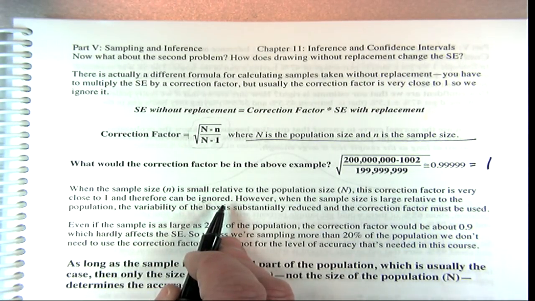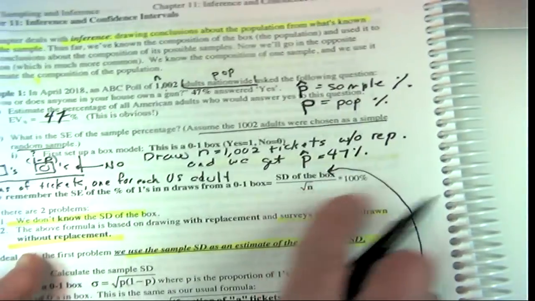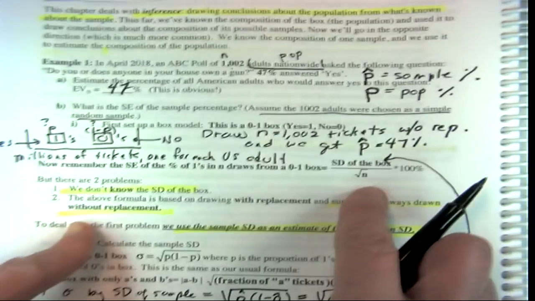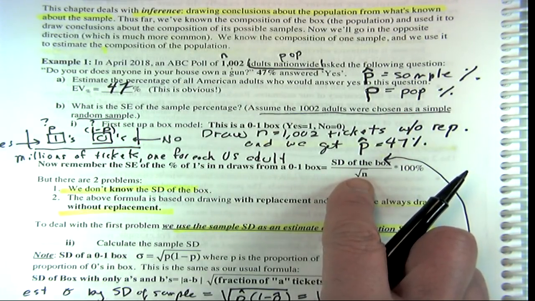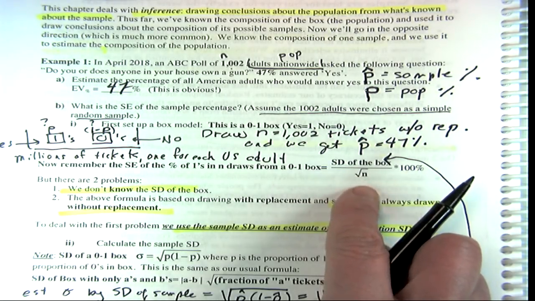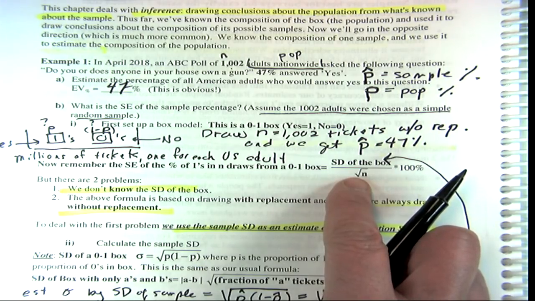Let's look at this. Here's our formula here. There's no big N in this formula because this assumed that we were replacing the tickets. So it didn't matter how big our population was. Now that we're not replacing the ticket, if you had just a 0-1 with 2 tickets, you'd be depleted right away.